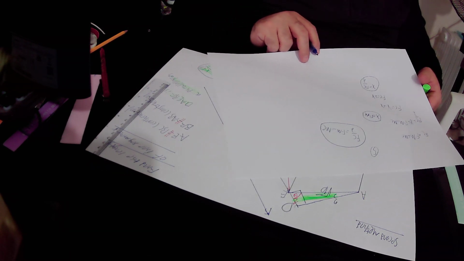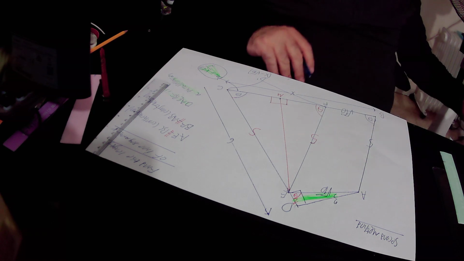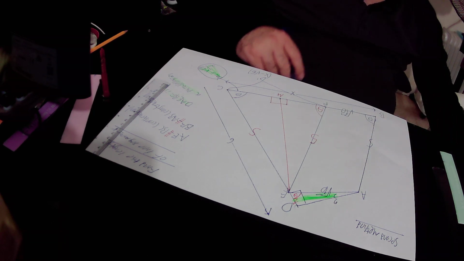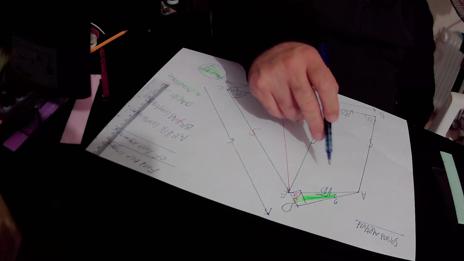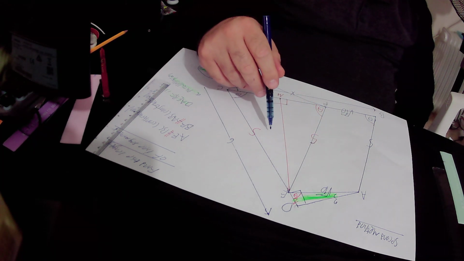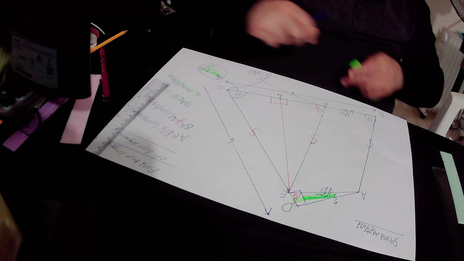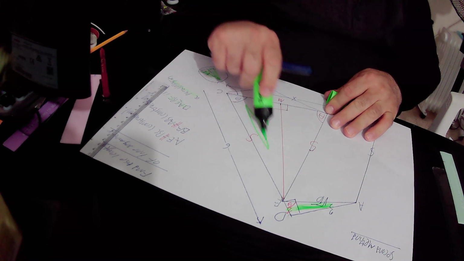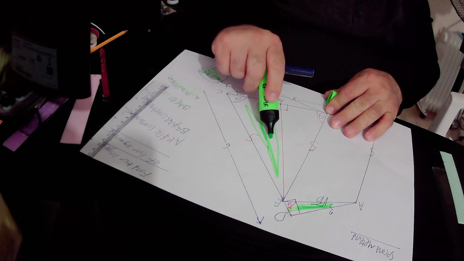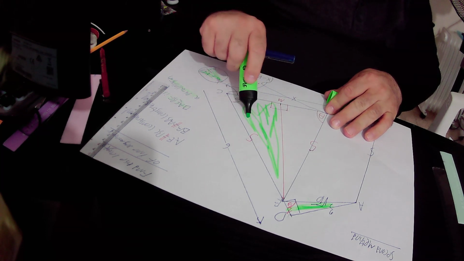So here, in the next step, we will prove that triangle ADE is similar to triangle EMC. Why are those two right triangles similar to each other?